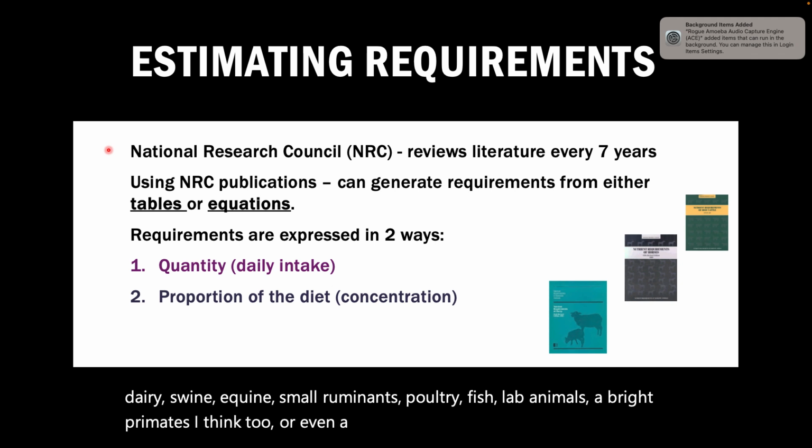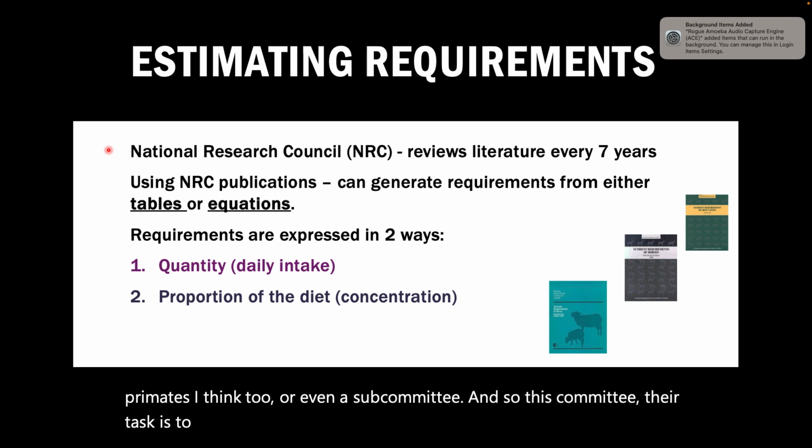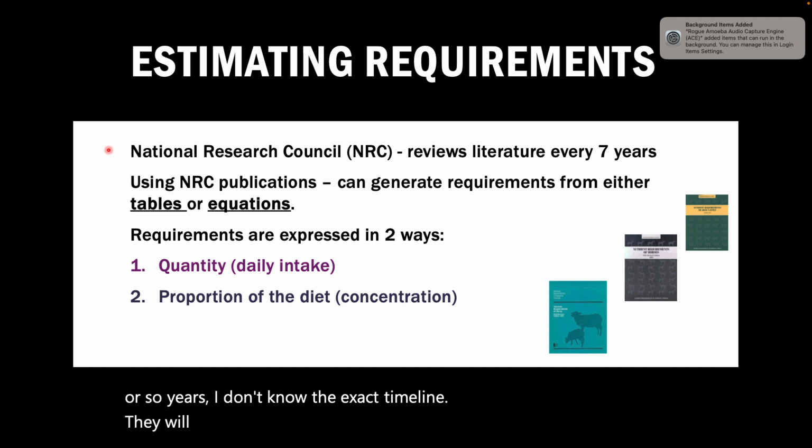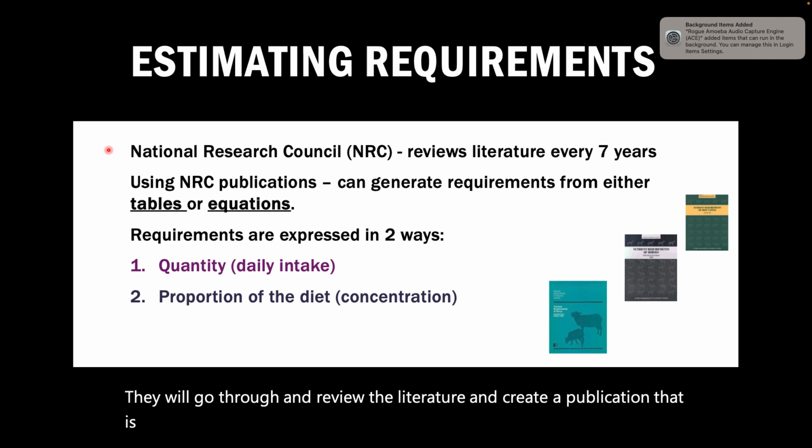And so this committee, their task is to be current and relevant on the literature. About every 7 or so years, I don't know the exact timeline, they will go through and review the literature and create a publication that is modified for these nutrient requirements.